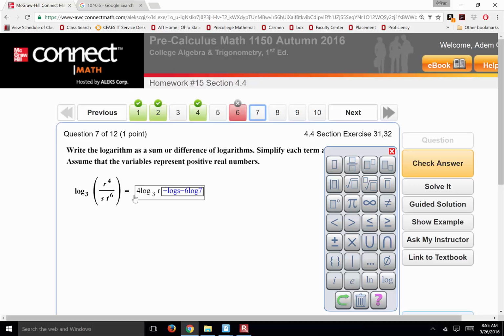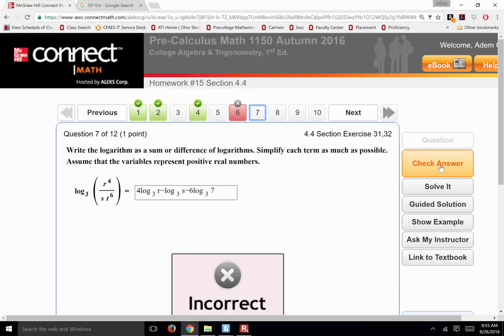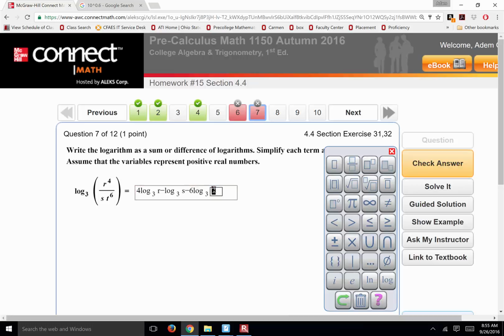Oh, I missed bases. Where's my mistake? Yeah. Okay, this is it for today. We will continue this tomorrow.